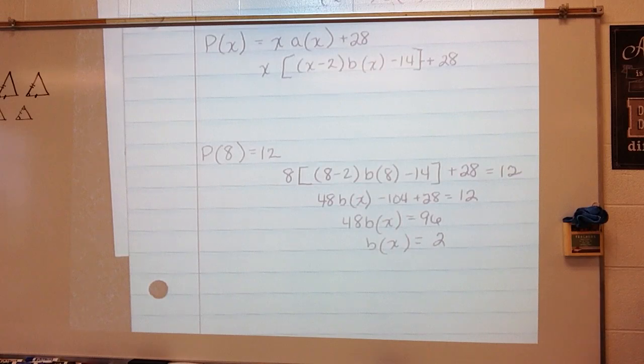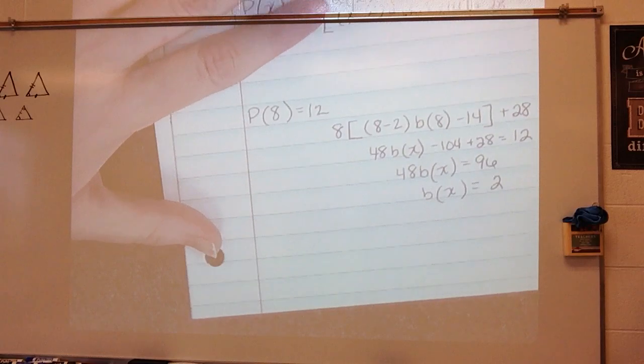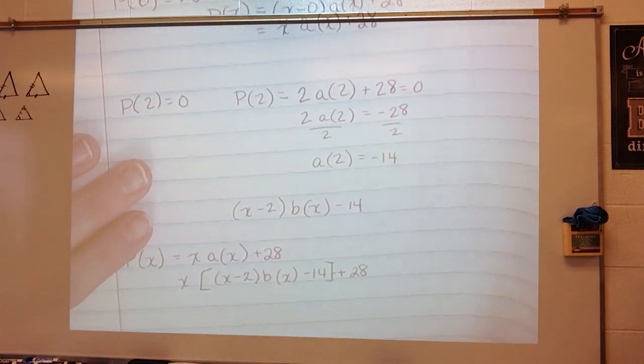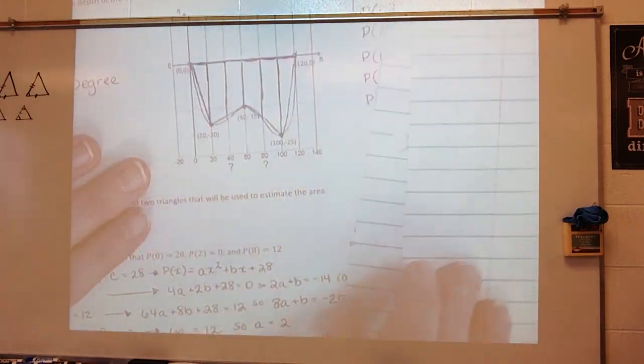Alright. Remember we said the function b of x could be a constant, and we found that b of x is equal to 2 for all values of x. So now we can rewrite the function p.